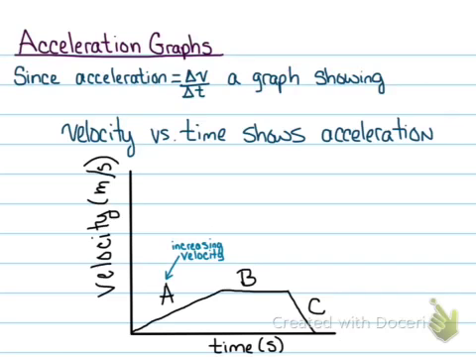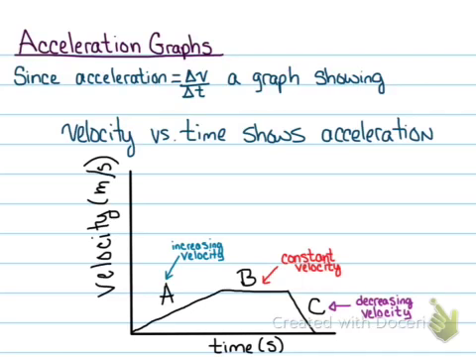That means I have a constant velocity and my acceleration is 0 because I'm not speeding up or slowing down, right? And then in part C, it looks like I'm decreasing velocity. Now, what does that mean? It means that I had a positive velocity and I'm going back to a velocity of 0. So I'm stopping there. So I'm speeding up, I'm going to constant speed, and then I'm braking. That's all that means in that graph.